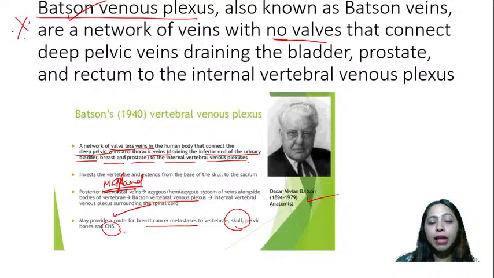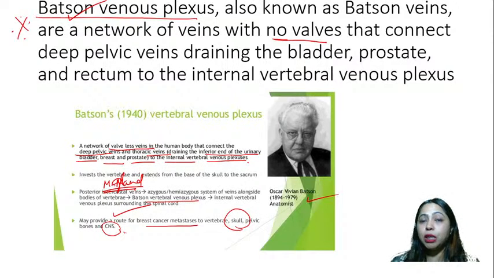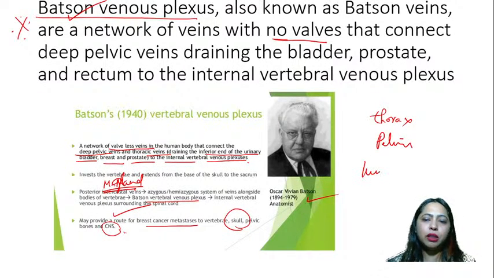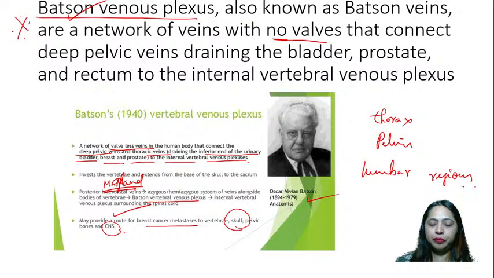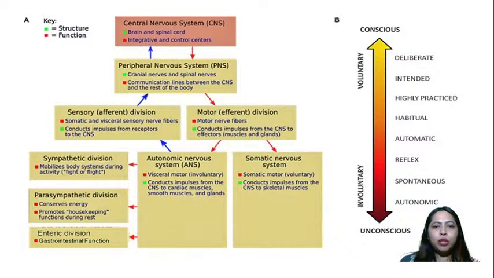Then the surrounding structures, the urinary bladder, prostate, and other structures in the pelvic region, all drain into a similar venous plexus. So the metastasis of cells can happen from any of these regions, from the thorax to the pelvis and also to the lumbar regions. This is something you must remember.